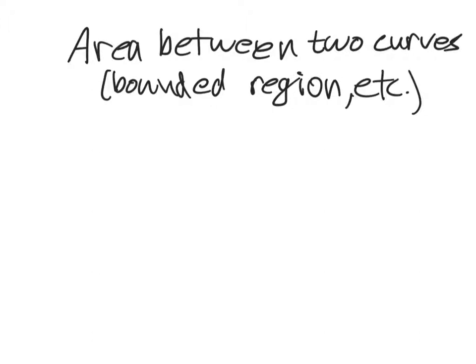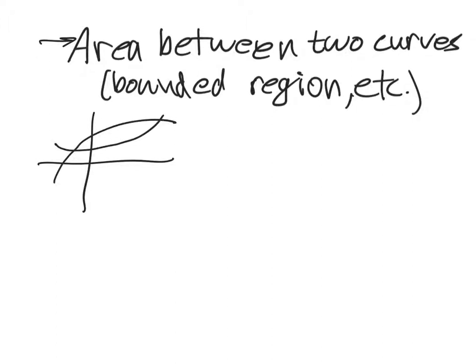Well, let's start first off. We have some function here and some function here. Let's say this one is h of x and this one is g of x. How would we find the area in that region?